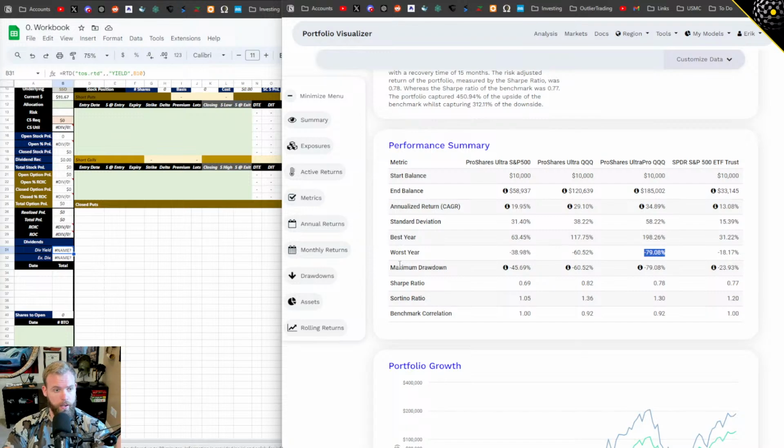I'm going to get a bigger data set and do it, but definitely I need to look at this and see what the worst drawdown was, because I'm guessing if the worst year was this, then it's probably higher, or they're just pegging the worst year off of this. I honestly don't understand, because this one's different, and so is this one. But I don't understand why these are different. Doesn't make sense to me.